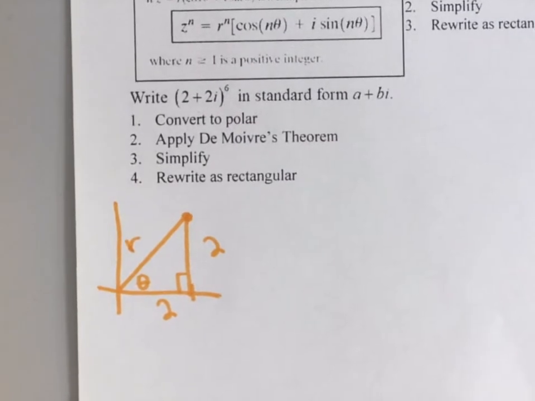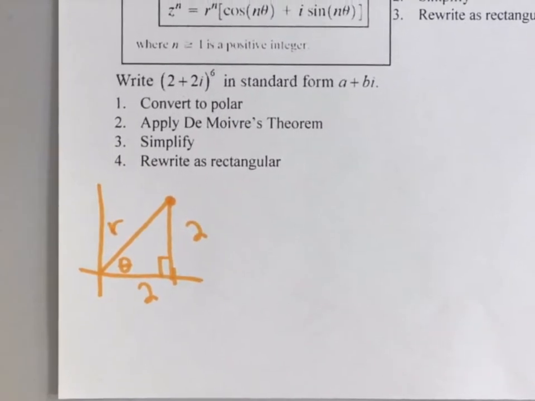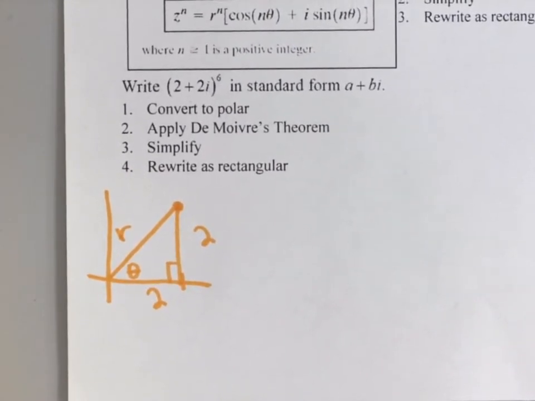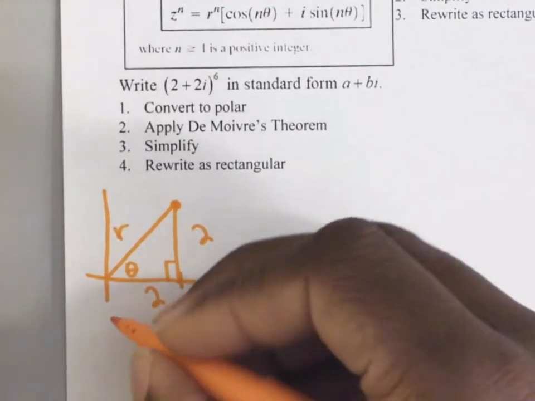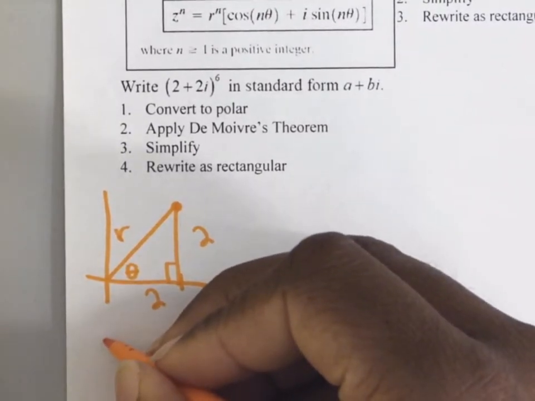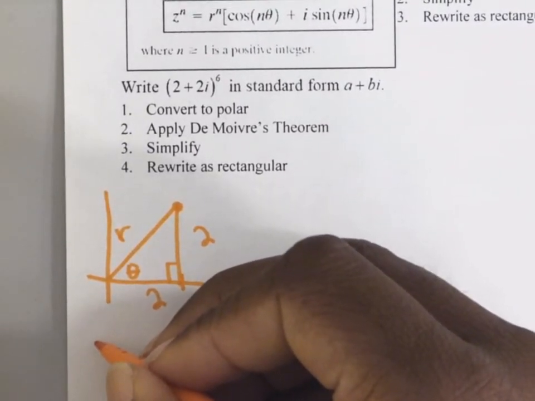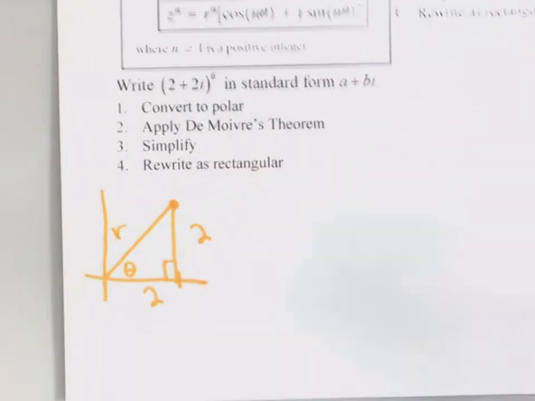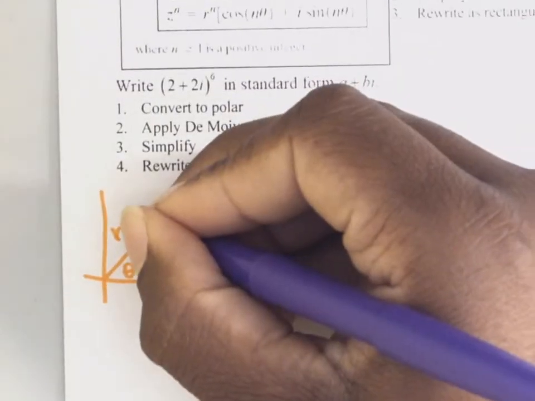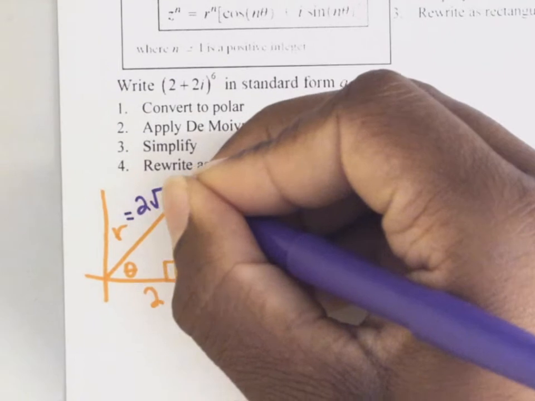It's a 45, 45, 90 triangle. So it's 2 root 2. You multiply the leg by root 2. Good job. That's how 45, 45, 90 triangles work.